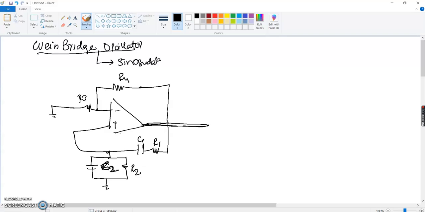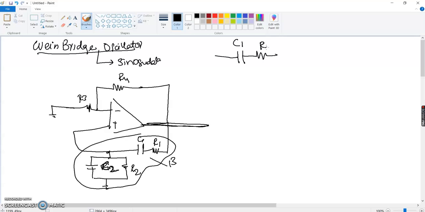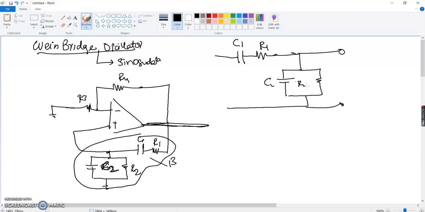Before we go further ahead, let's try to analyze this circuit that I have drawn over here, which is my beta circuit, right? This beta circuit is nothing but a series C1 R1 and then a parallel C2 R2, and this is where you have your output.